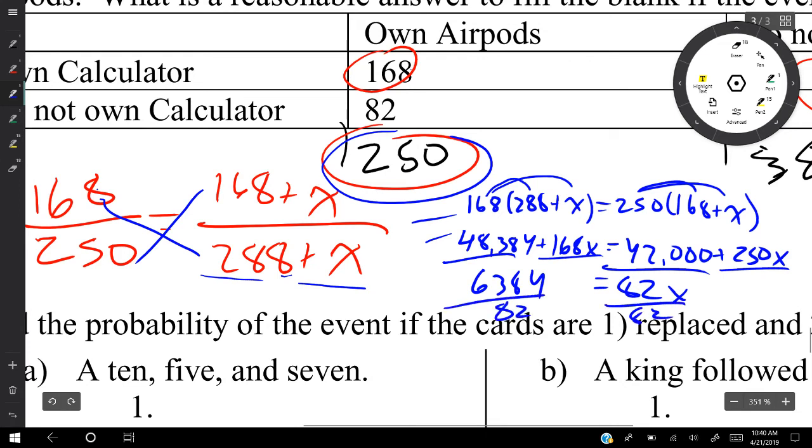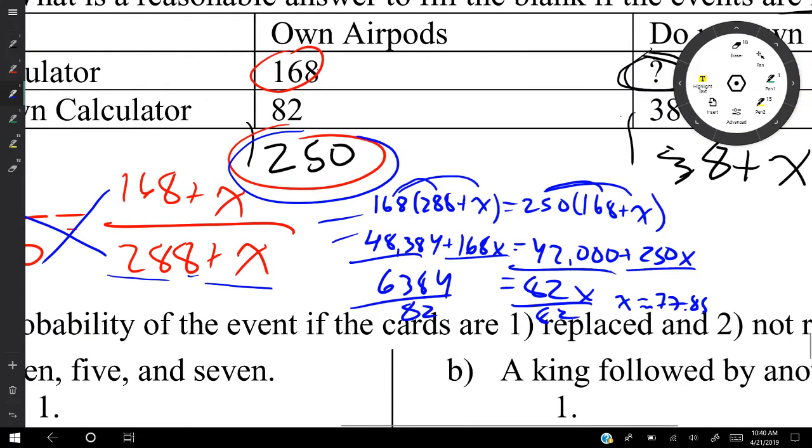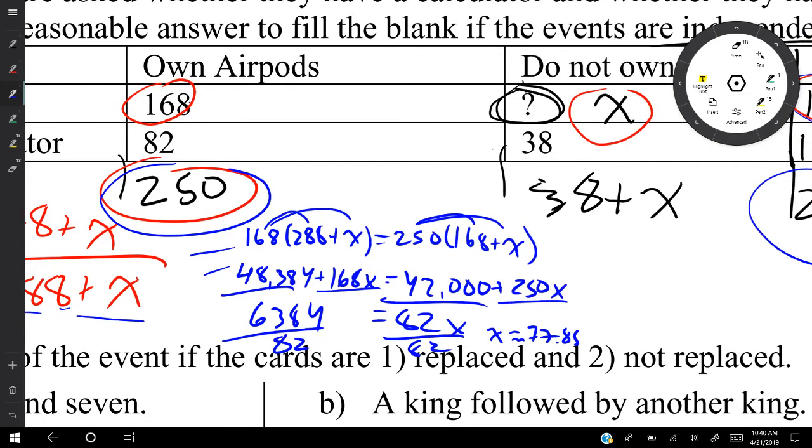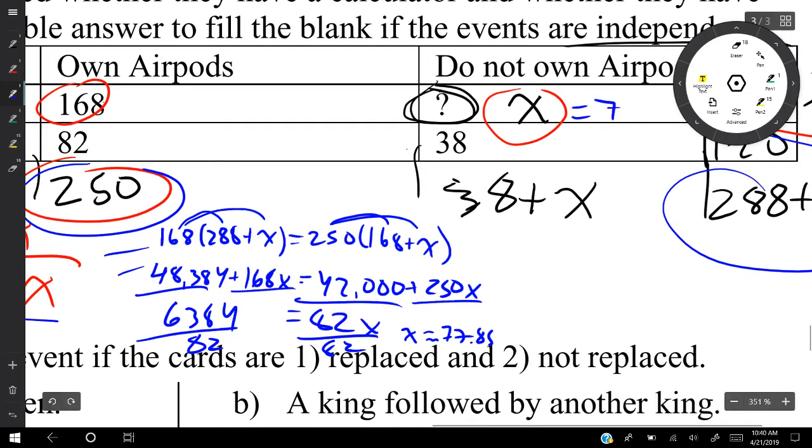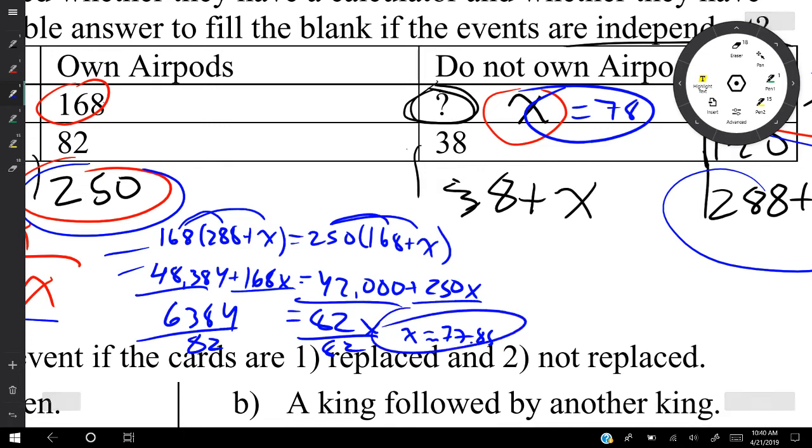X is 6,384 divided by 82, which is 77.85. So what is a reasonable number that could go there? 78. All right, that's the closest number. That's a reasonable number, 78.